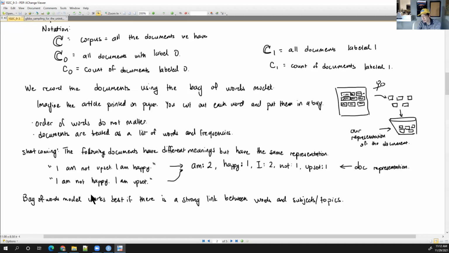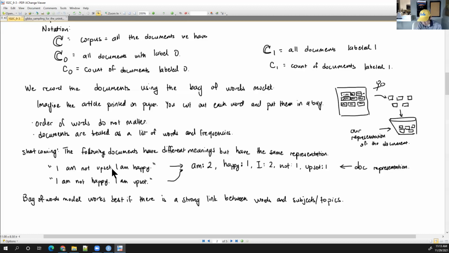Now, these two statements have clearly different, opposite meanings, but with the bag of words model, they're going to get treated the same. And so, I think especially where words like not can drastically change the meaning of the sentence, this is not a good way to go.